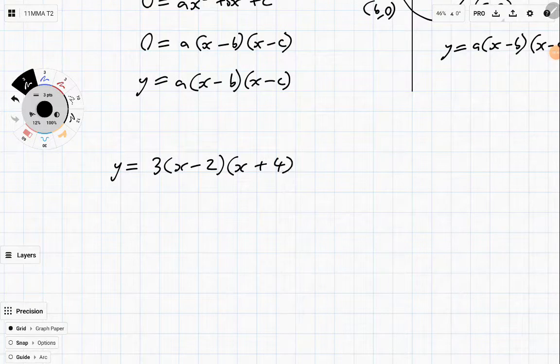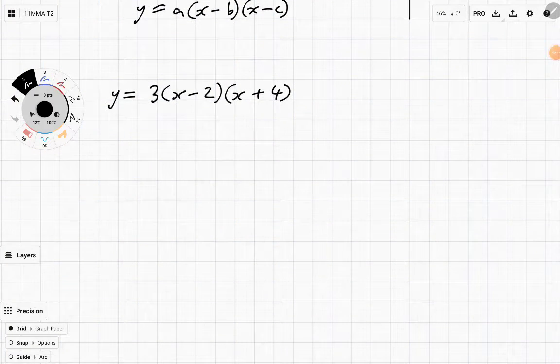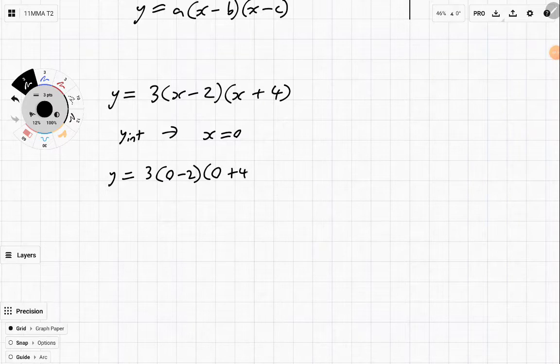Okay, so let's have a look at this one. First of all, we can say that the y-intercept is when x equals 0. You can go y is equal to 3 times 0 minus 2 times 0 plus 4, which is 3 times negative 2, negative 6, times 4, negative 24.